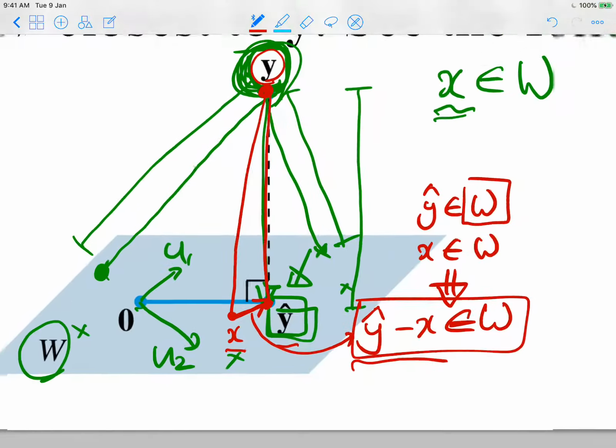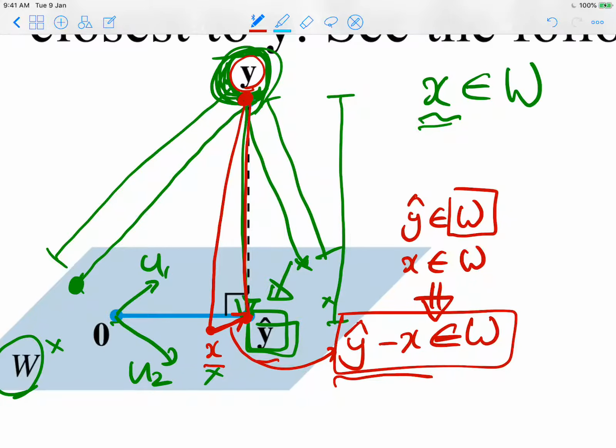And then in this case, y minus y hat, this vector z, is perpendicular to any vector from our subspace. And why is it so?